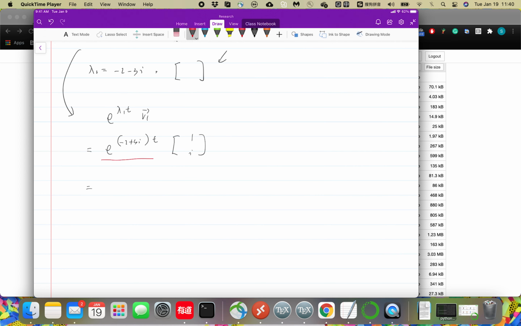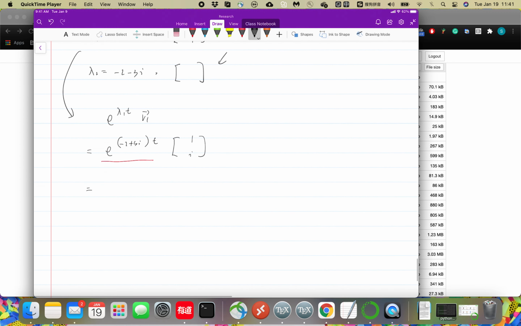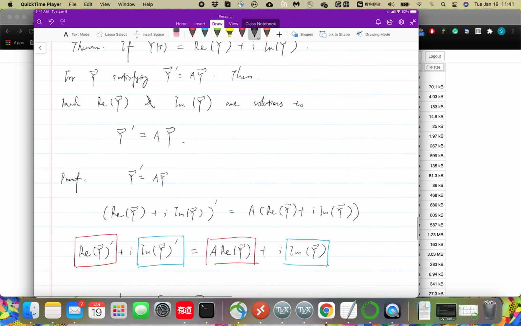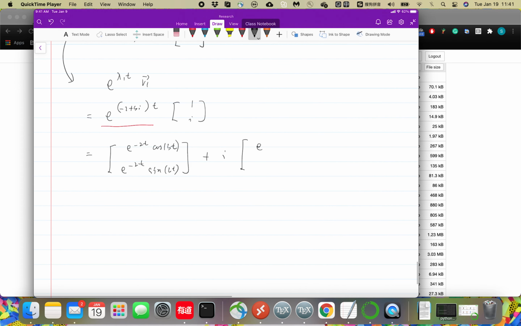For this part, we use Euler's formula. And after that, we generate cosine, sine, i. After that, we actually use this one to multiply this one. And eventually, we were able to rewrite it into a format that is, so I was able to separate these two to be the real and the imaginary.